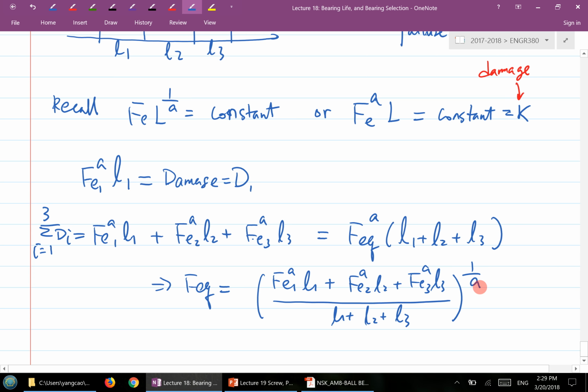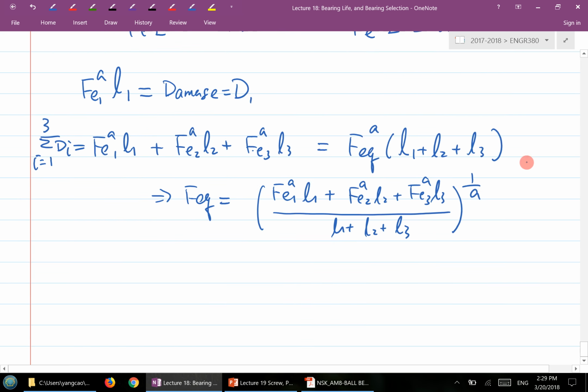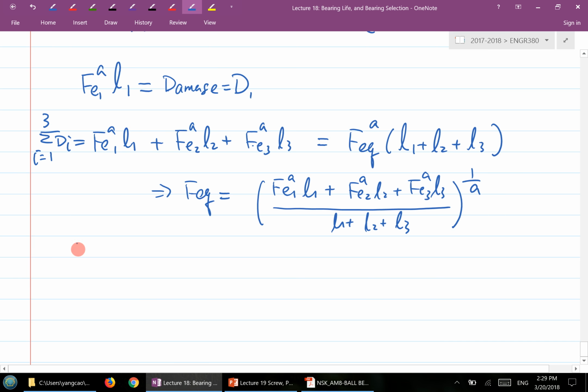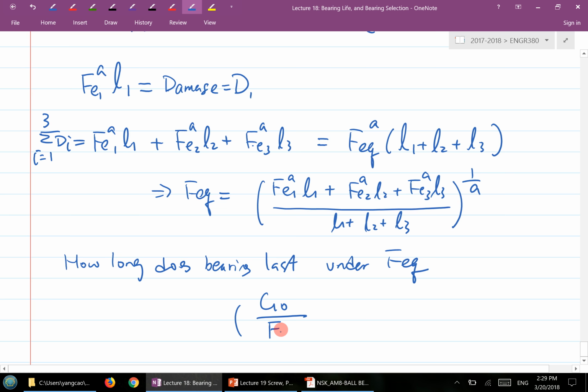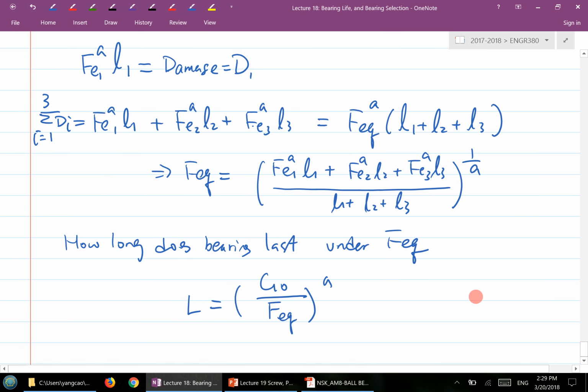If FEQ does the same damage as the combination of FE1, FE2, and FE3, then the next question is, how long does the bearing last under FEQ? This is very easy. You can use the load life equation to calculate.